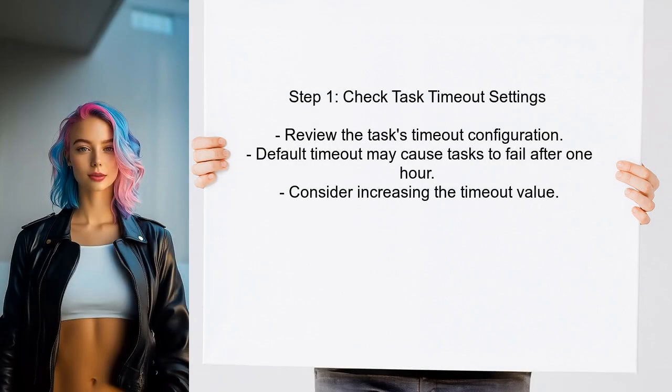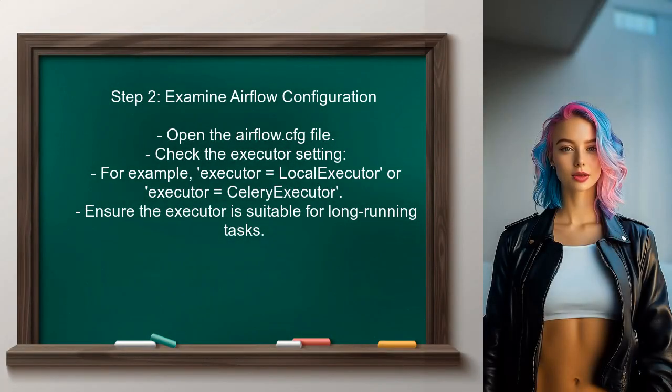To address the issue of the SubDAG task failing after 1 hour, the user should first check the task timeout settings in Airflow. By default, tasks may have a timeout set, which could lead to unexpected failures. Next, the user should examine the Airflow configuration file, specifically the executor settings. The executor type can impact how tasks are managed and reported.